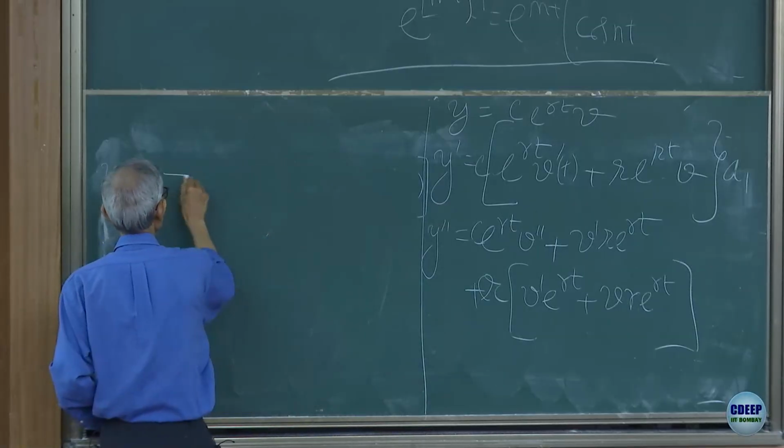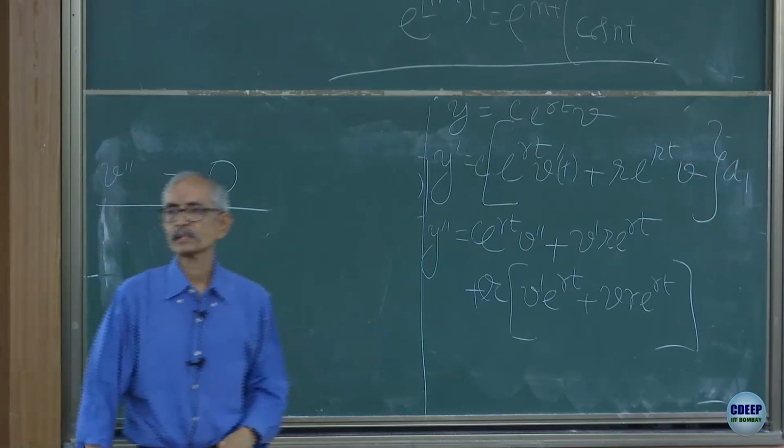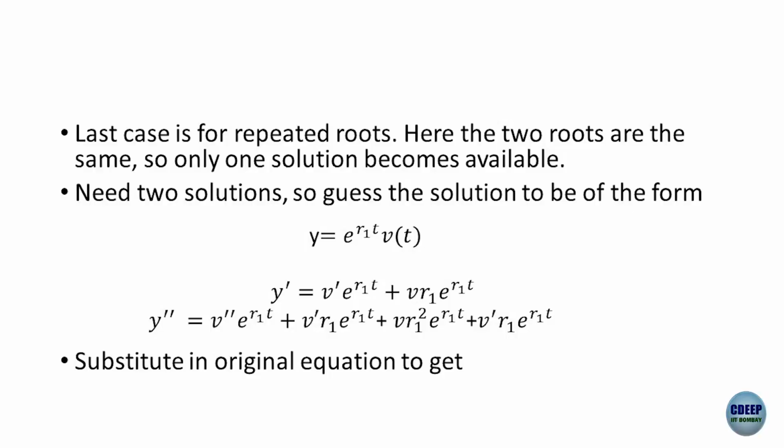So now you have a happy situation where you get v double prime is equal to 0. So what did we start with? We started with a hypothesis which said that y is going to be equal to the second root and that should satisfy the equation.